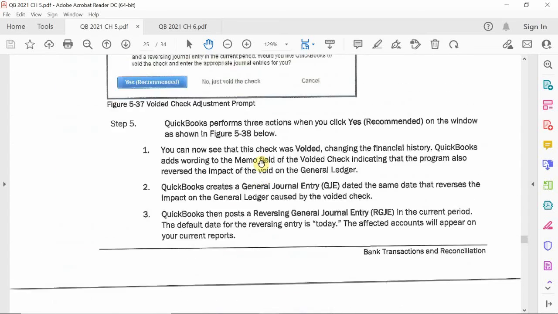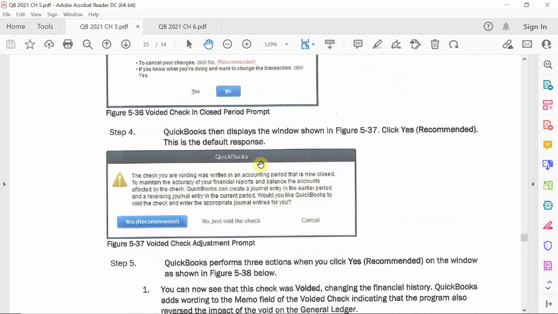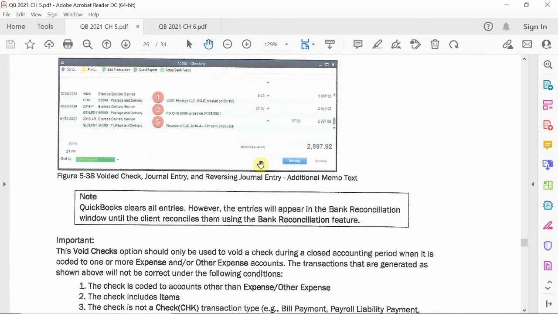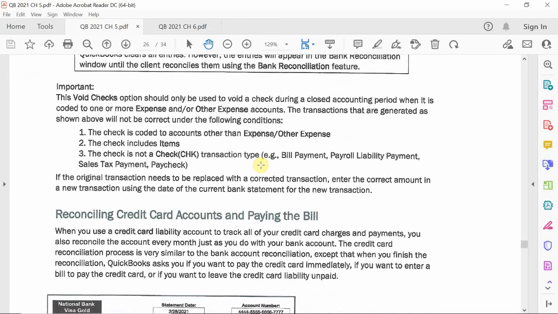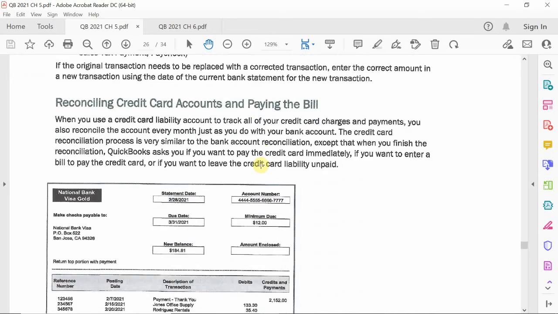So, as we mentioned before, you can reconcile anything that is an asset, liability, and equity. Now, if a bank statement is a means for you to compare your transactions, a credit card reconciliation is going to come in second place.